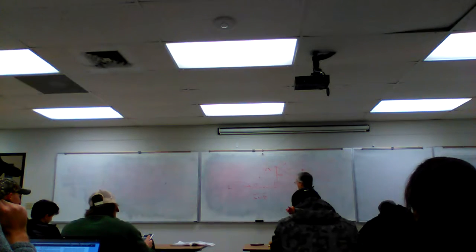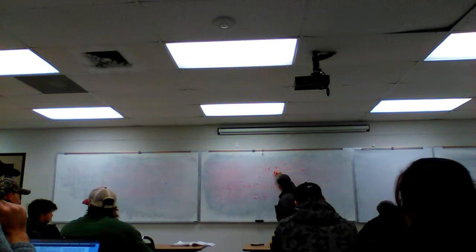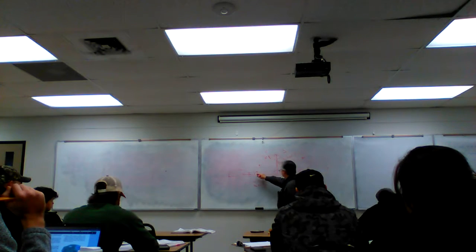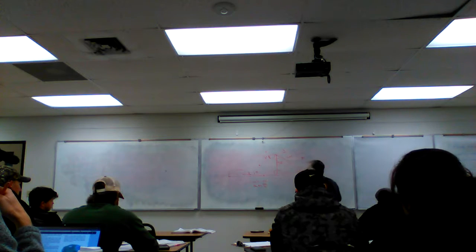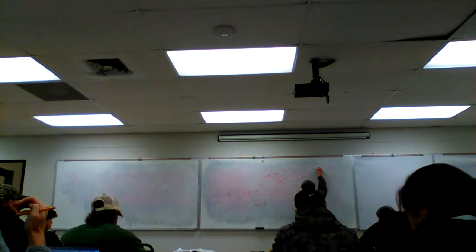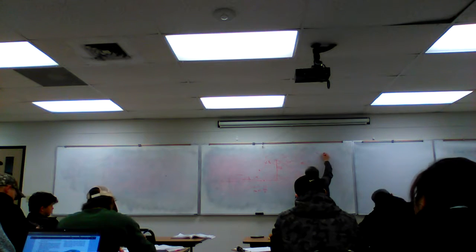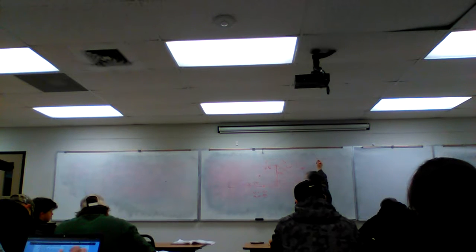What's the first thing we can do? We know this angle because we know that it plus 32 equals 90. So 90 minus 32 is 58.